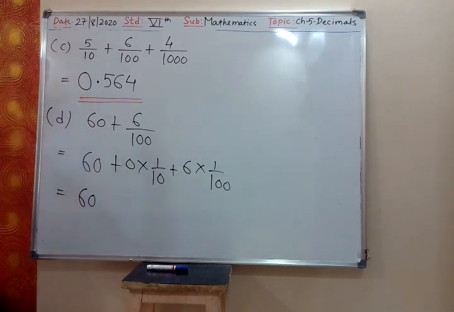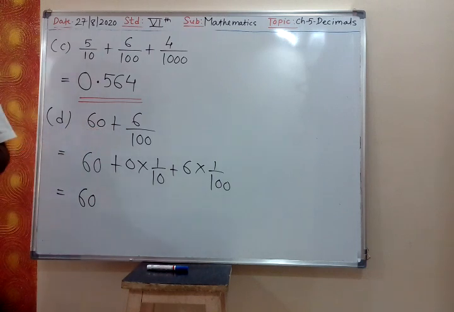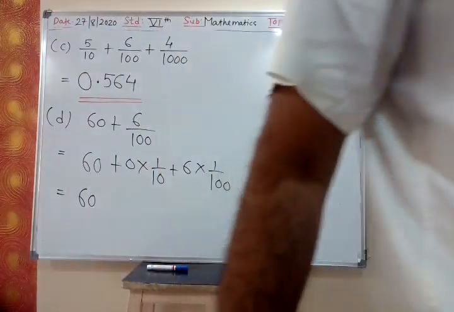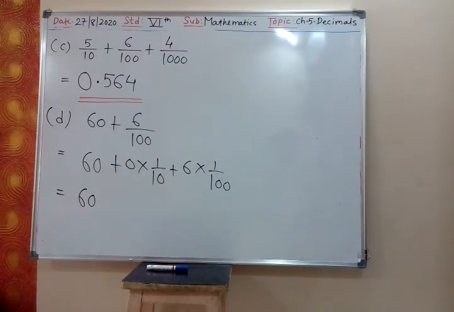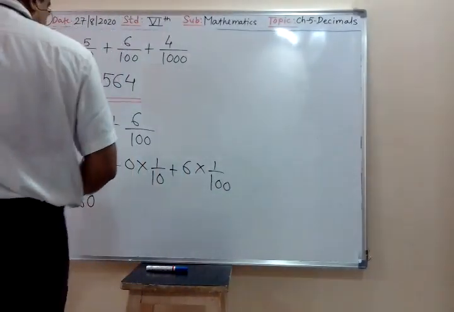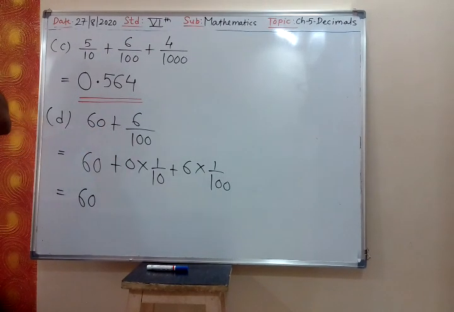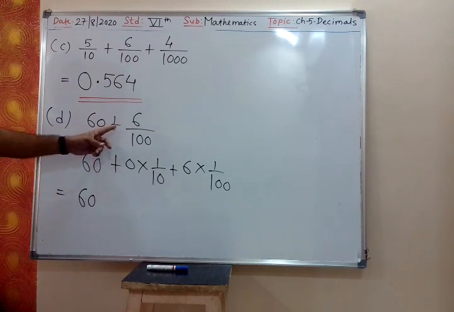Wait. 60. See here. Board is very much clear. Don't shout. No, you can directly write 60 plus.